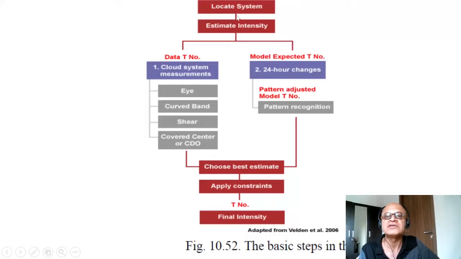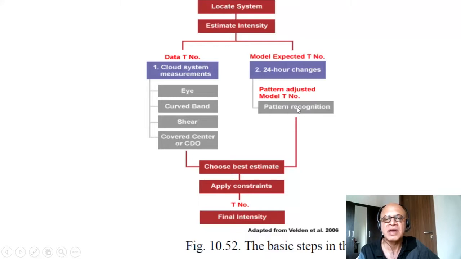So locate the system, estimate intensity, T number, model expected T number, cloud system measurements, eye, curved band, shear, and CDO. And from the model you have 24-hour changes, pattern adjusted model T number, pattern recognition.